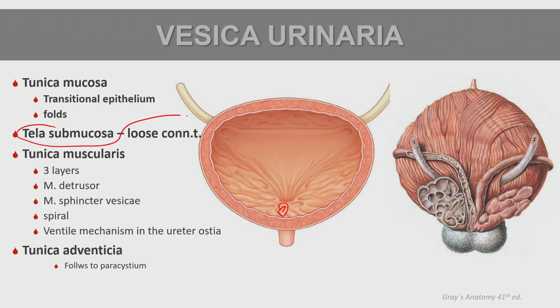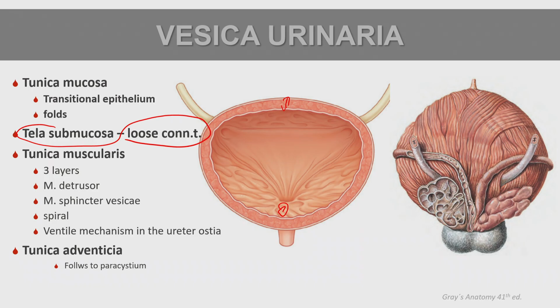Also, very loose connective tissue in the submucosa is protection from mechanical injuries. And then we have a thick muscular layer with 3 layers of smooth muscle containing detrusor and sphincter vesicae urinariae, the sphincter of the urinary bladder. The orientation of fibers is spiral, forming the appropriate pressure during contraction.